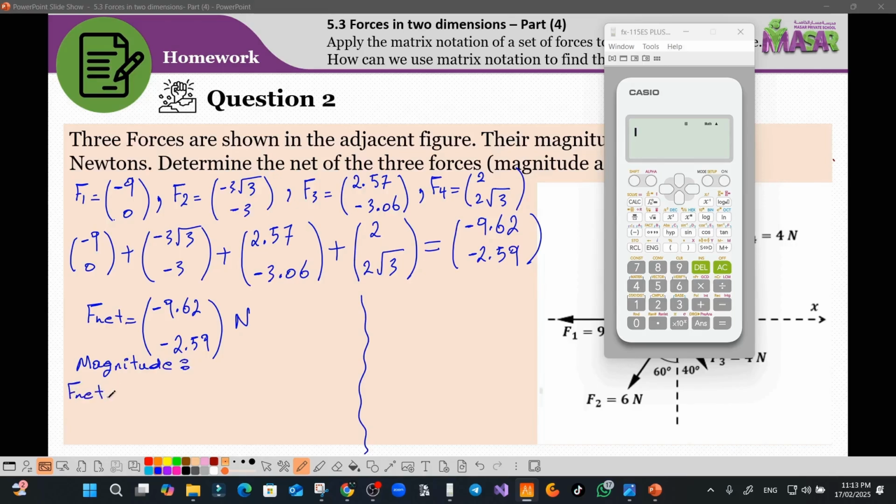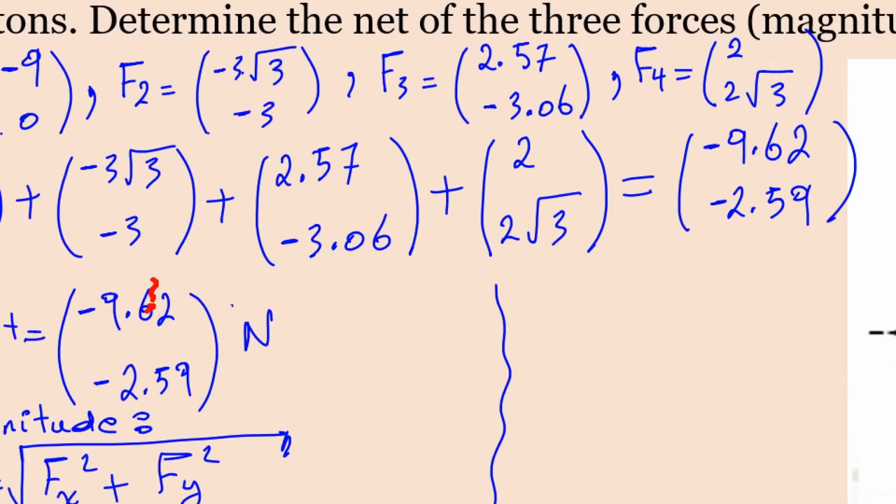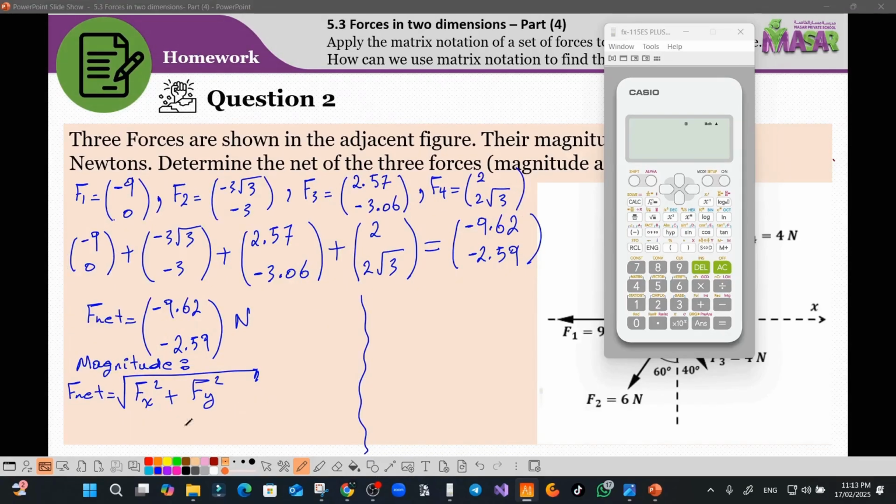The F net is equal to the square root of Fx squared plus Fy squared. Remember that the first entry here represents the Fx, and the second entry represents the Fy. So the F net is equal to the square root of minus 9.62 squared plus minus 2.59 squared.